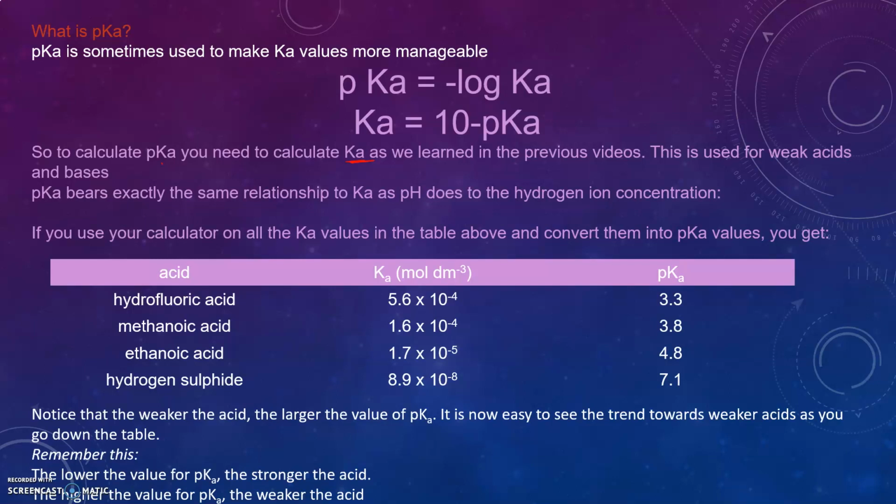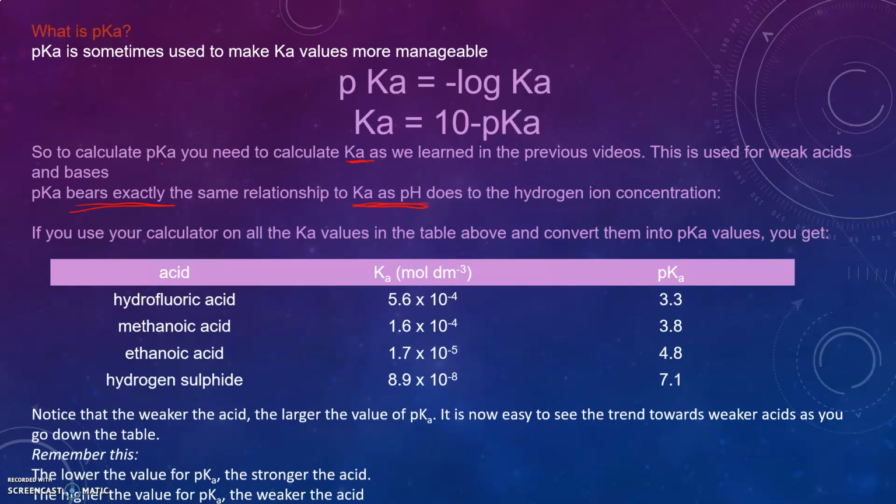This is used for weak bases and acids. The pKa bears exactly the same relationship to Ka as pH does to the hydrogen concentration. The pH is the minus log of the concentration of hydrogen, and the pKa is the minus log of Ka.